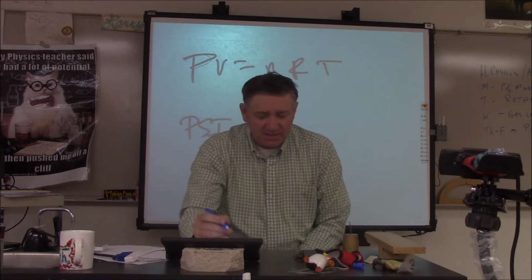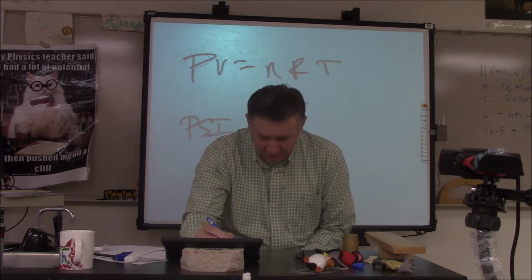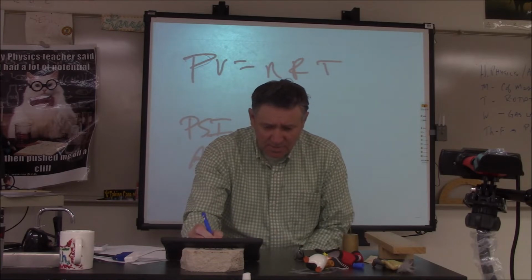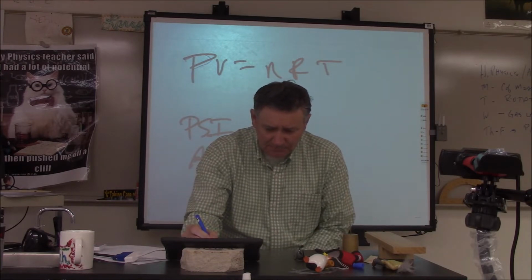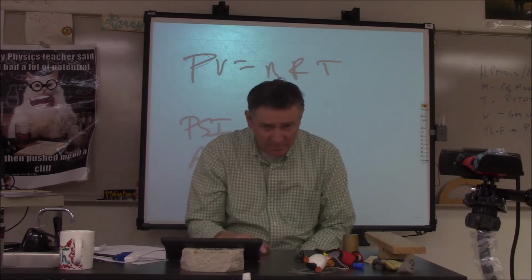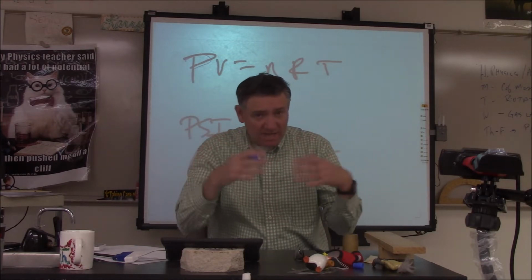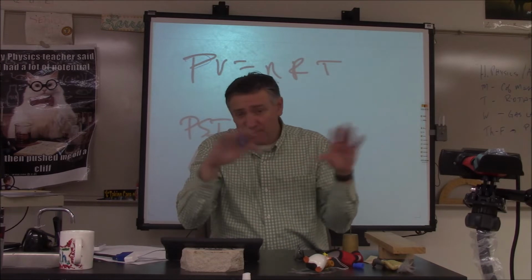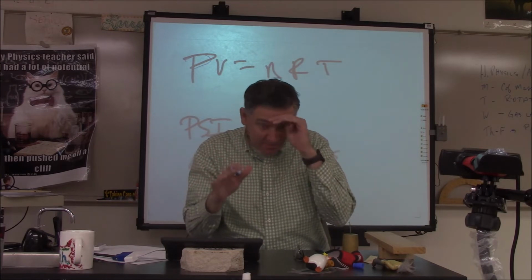So you could have PSI, or sometimes it's measured in atmospheres, which is typically what you use in chemistry class. One atmosphere of pressure is what's happening right now. That's defined as the benchmark, so typically you are under about 1 atmosphere of pressure.